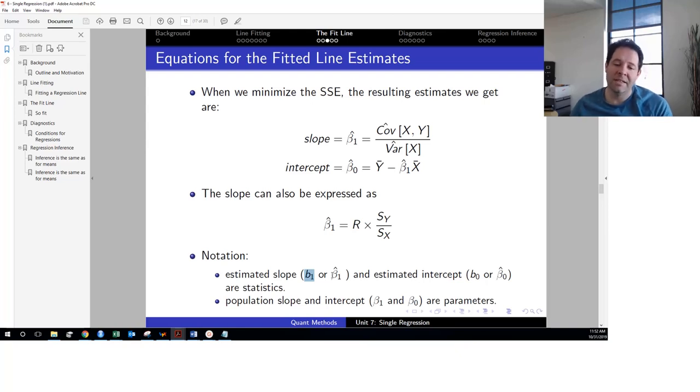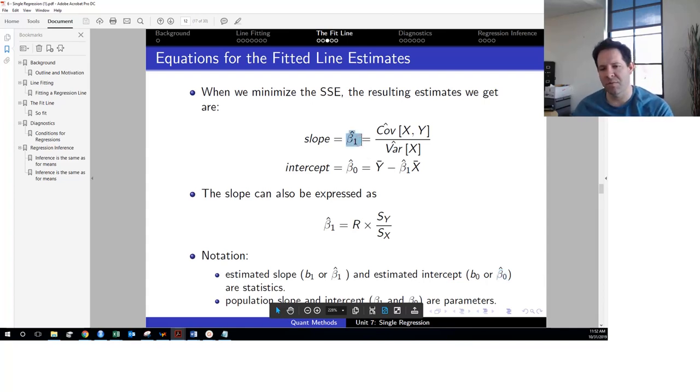We're just saying a little more about the estimated slope, that it estimates the population parameter that we think of as the true relationship between x and y. Same for estimated intercepts: sometimes you'll see lowercase b sub 0, or beta hat sub 0.